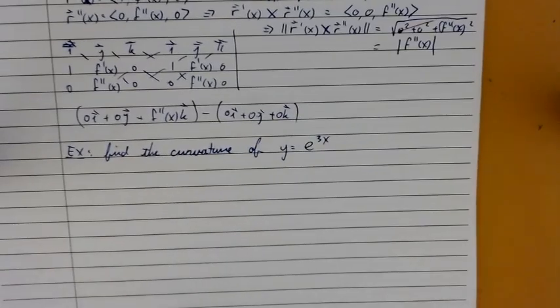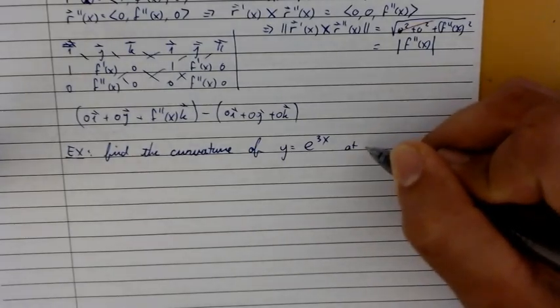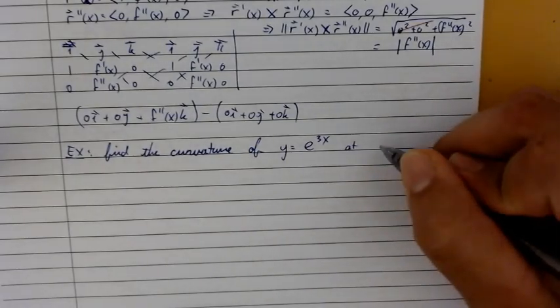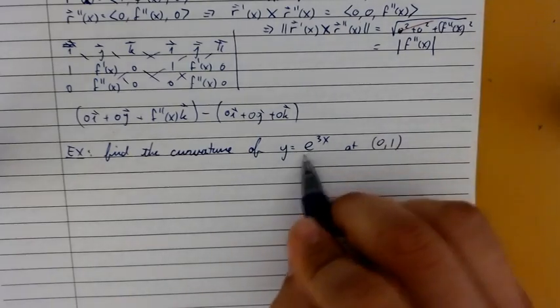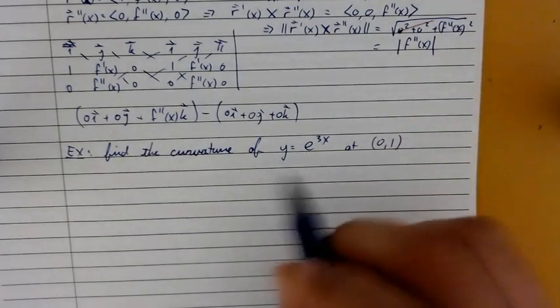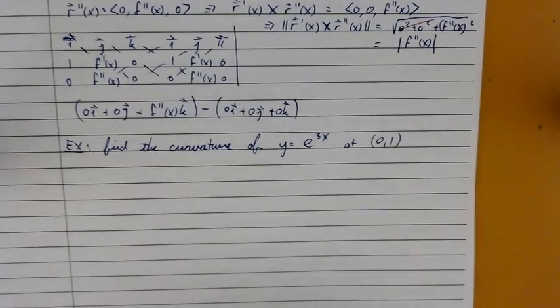And we'll do that at the point 0, 1. When x is equal to 0, e to the 0 is equal to 1. So we're going to take the curvature of y equals e to the 3x at the point 0, 1.